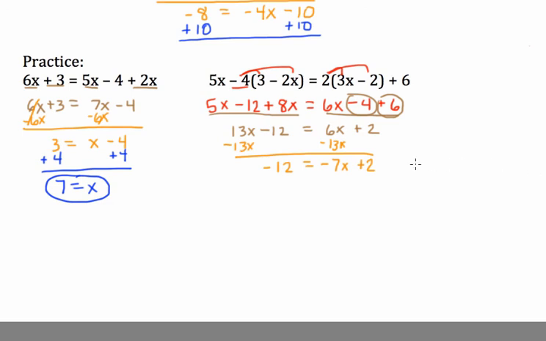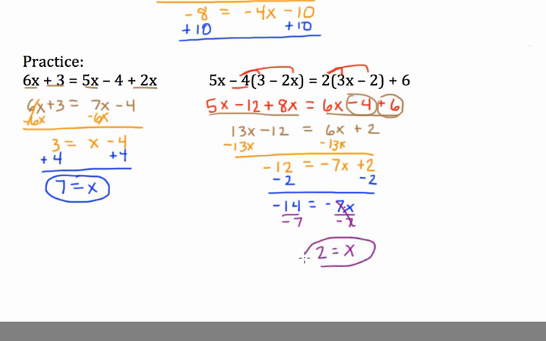So go to the side with the x and undo what's been done to the x. Think money, you lose 12, you lose 2, you're 14 in the hole. To undo timesing by negative 7, you divide by negative 7. A negative divided by a negative is a positive. X equals 2.